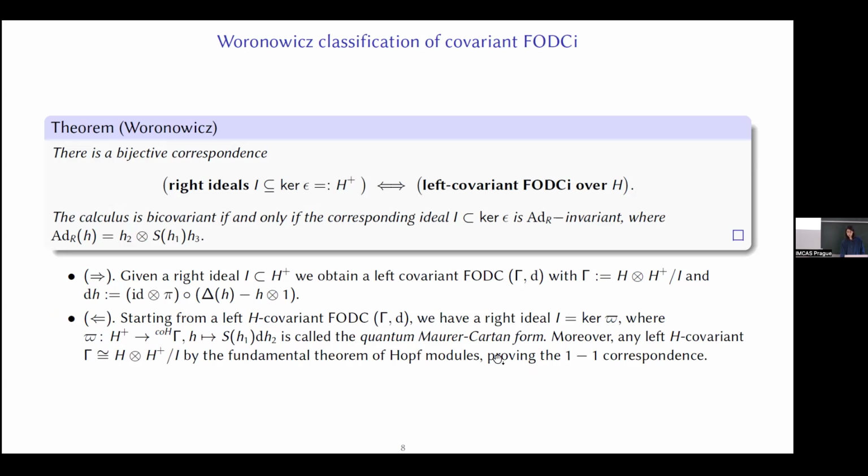And now you can use the fact that the calculus, since you started with the left covariant one, is a left Hopf module, and thus you get that Γ is isomorphic to H tensor H+ mod I, since H+ mod I is isomorphic to this, because I is the kernel of ϖ and ϖ is surjective. So there is this correspondence by this result.